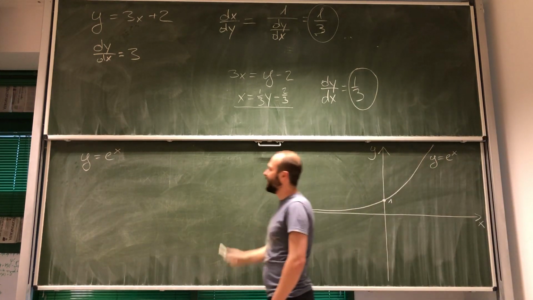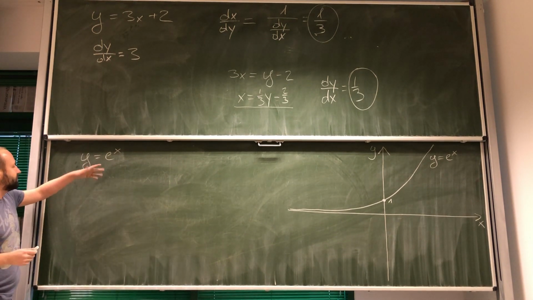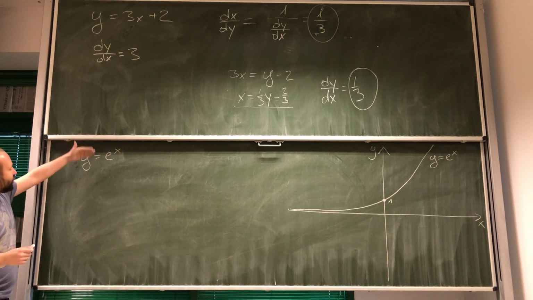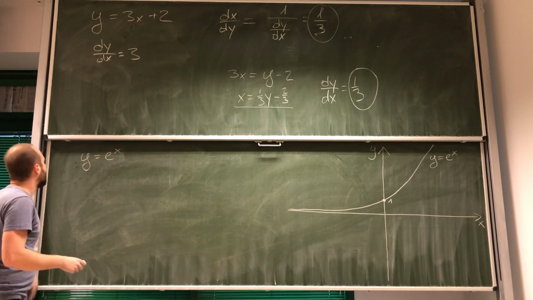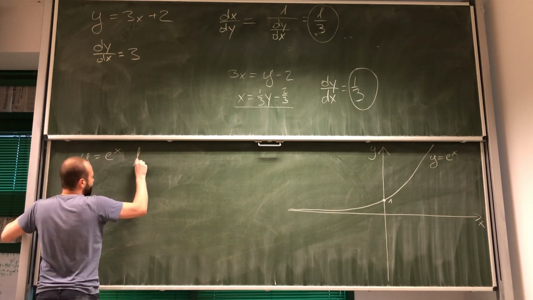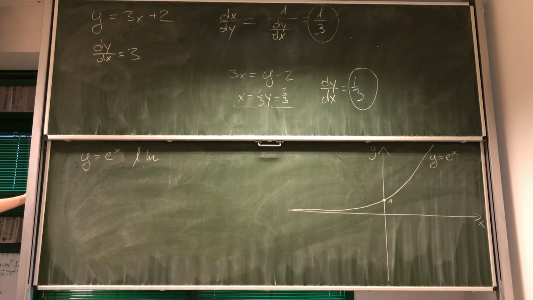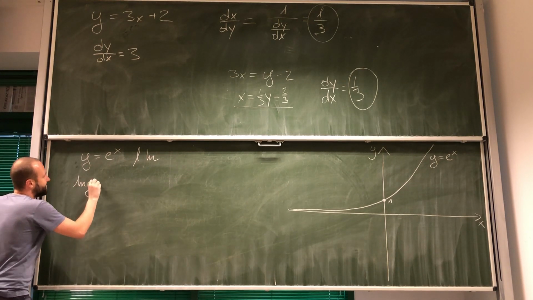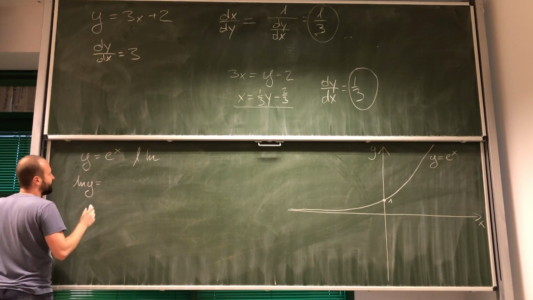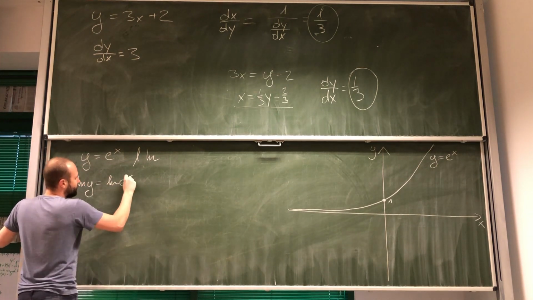So we can solve this function for x and we should obtain an inverse function. How do we do it? Well, we use the properties of logarithms and I calculate natural logarithm of both sides. So I get that this is ln y equals natural logarithm of e to the power of x.